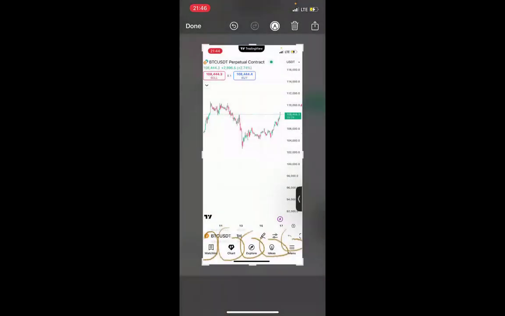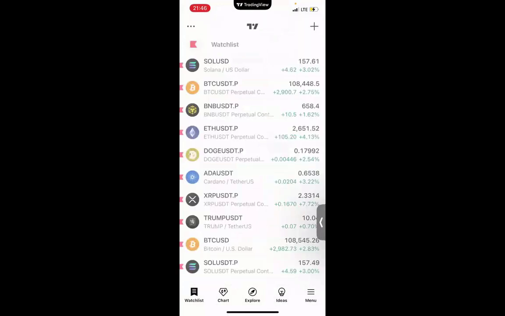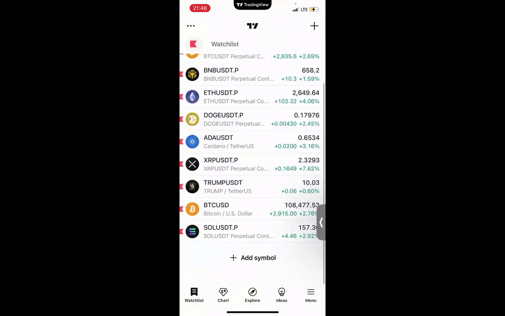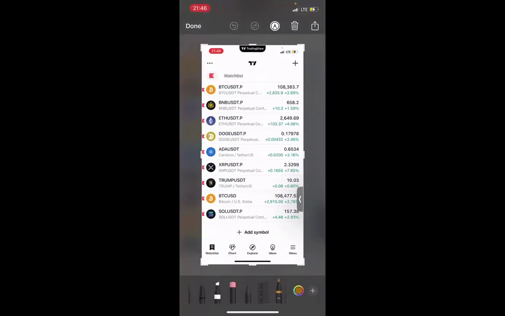All of these things have their own functionality. But let's start with this watch list. If you click on it, this is a place where you can add coins that are your favorites. Over here on this top right corner, you can easily add a coin to your favorite list and a watch list.